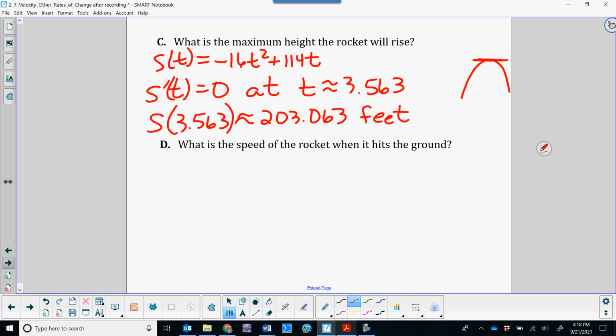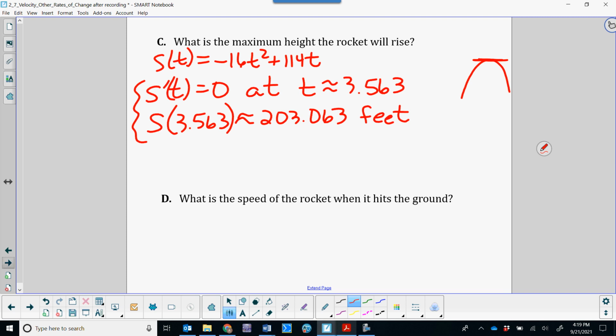But this is all the work that you show when you have a calculator question. You don't have to do intermediate steps. You don't find the derivative and then show that you set that exact equation to 0. You simply say, I'm doing s prime of t equal to 0, and that's what I got. Then I need to take s of that number, and this is that answer.